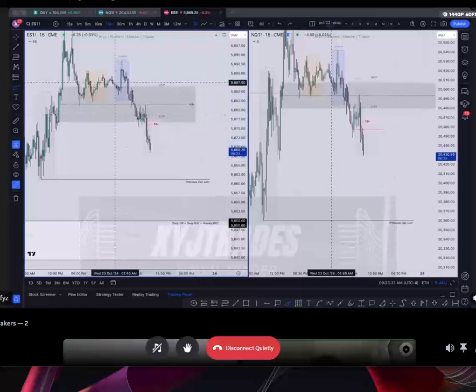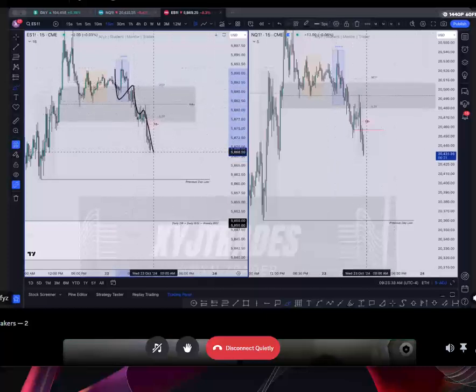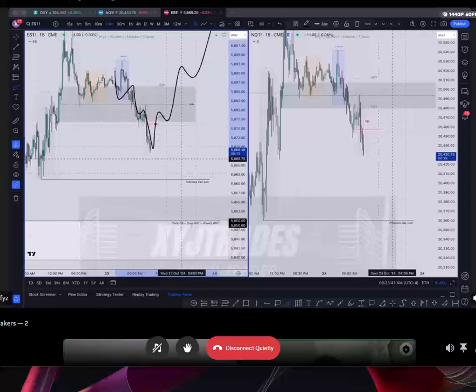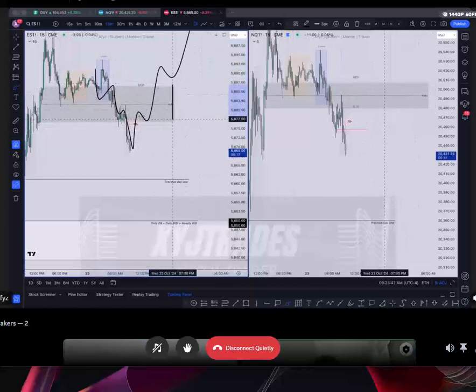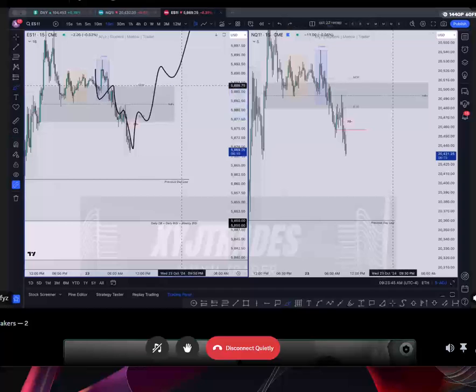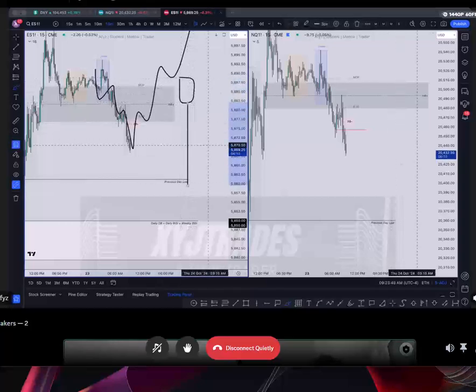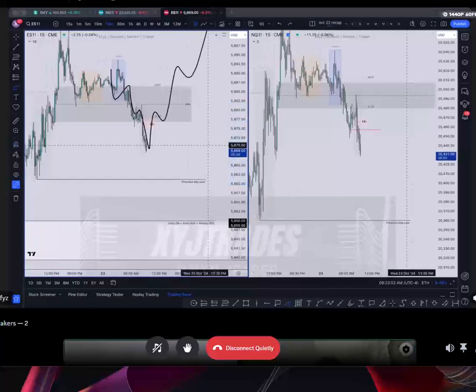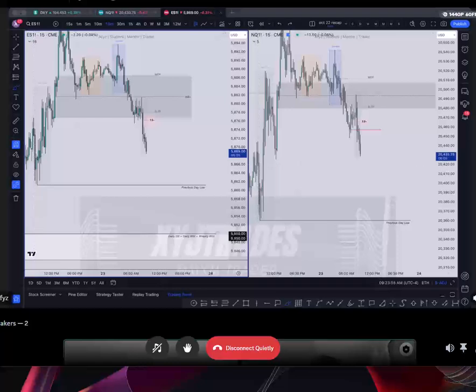So maybe 3 hours passes and this 4 hour gap looks like this, and then the last hour it rips up higher, and the 4 hour candle actually ends up looking like this. Right? And this is very possible. And we've seen this in price action, right? So again, it depends. Truly, it does.